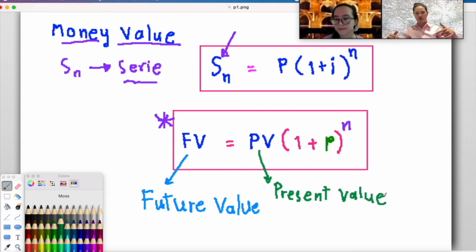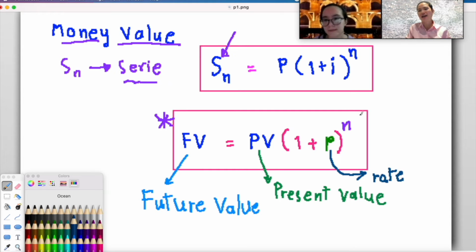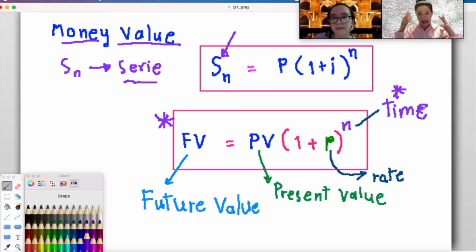So present value means money at the moment. And then we have R. What does R stand for? Rate. Yeah. And N means time. But you need to be careful about N if it's compound. You need to think carefully as well.